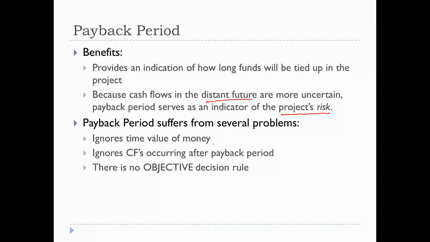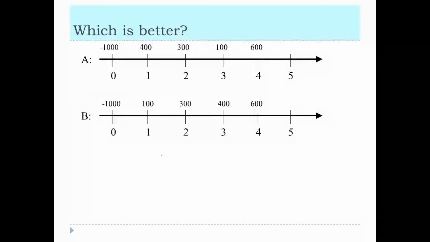Problems, though, with the payback period are really pretty severe. First of all, it ignores the time value of money. An example that illustrates that. Here's two projects, Project A and B, which have similar cash flows but not identical. Both projects have an initial cost of $1,000.